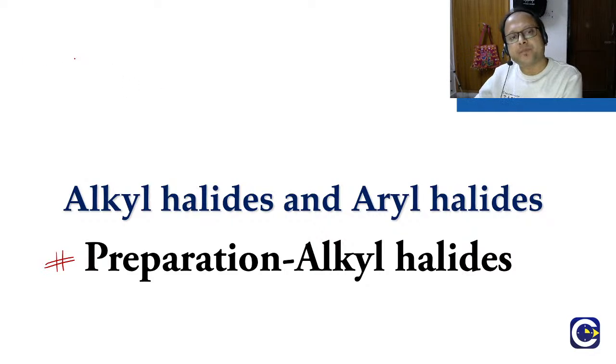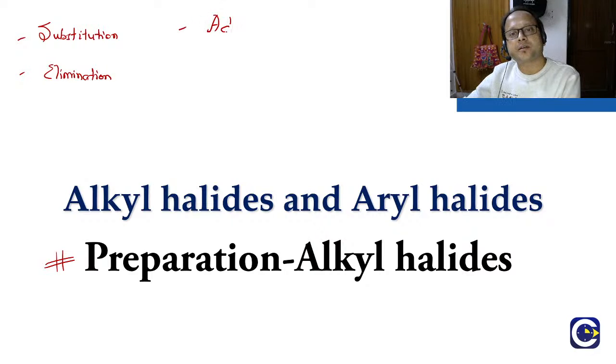normally you have a few types of reactions, right? Like substitution reactions. This you must have studied in class 11, types of reactions. Substitution reactions, right? Then you have elimination reactions. You have addition reactions.